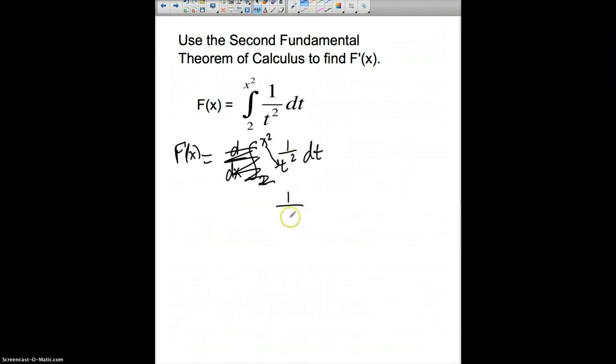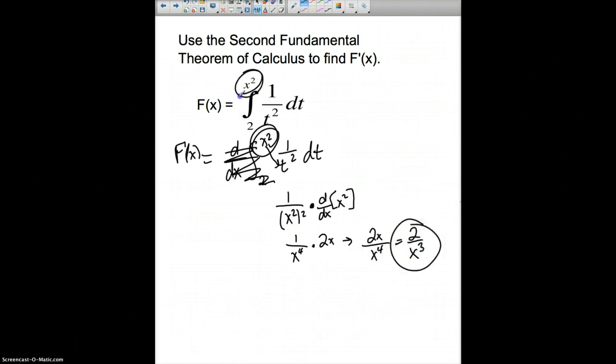So instead of t squared, we're going to have x squared squared, but then times the derivative of that x squared. So it's 1 over x to the 4th. You multiply exponents here. And the derivative of x squared is 2x. So that becomes 2x over x to the 4th, which is 2 over x to the 3rd.